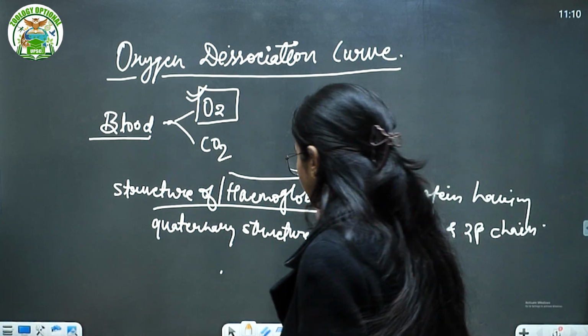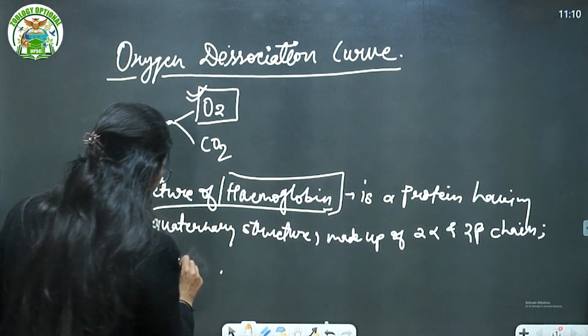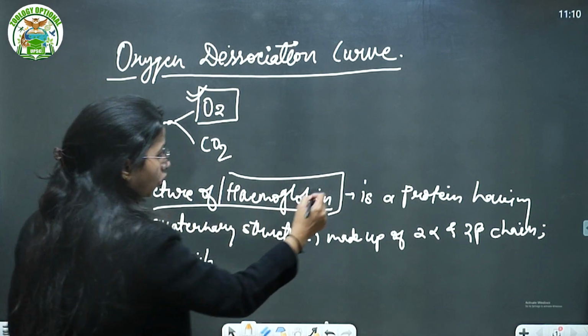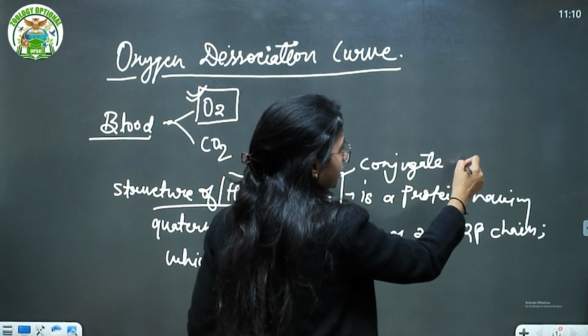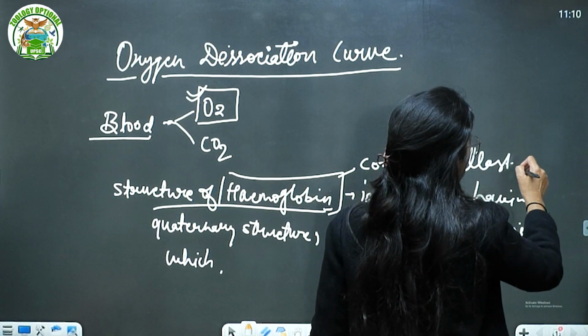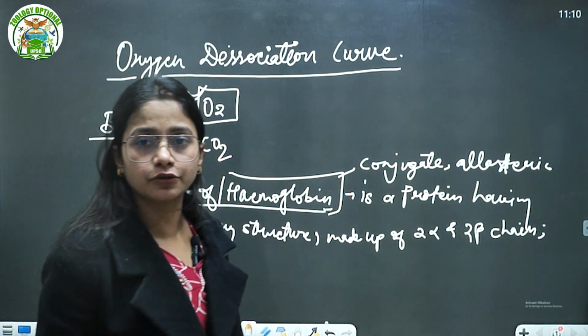The basic thing is it is a conjugated allosteric protein, because these are the important terms when we talk about oxygen association and dissociation.